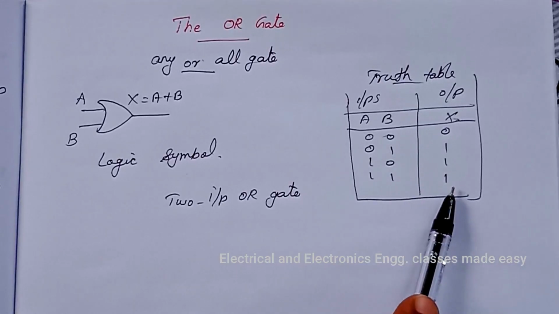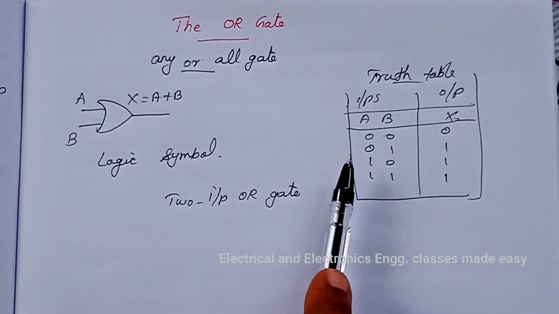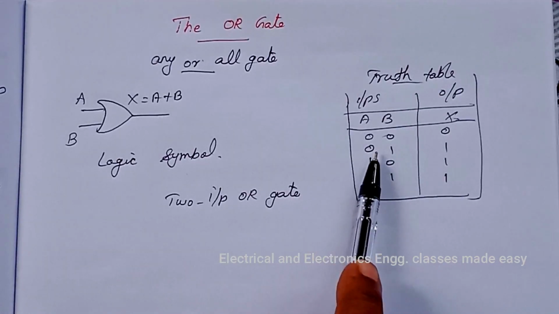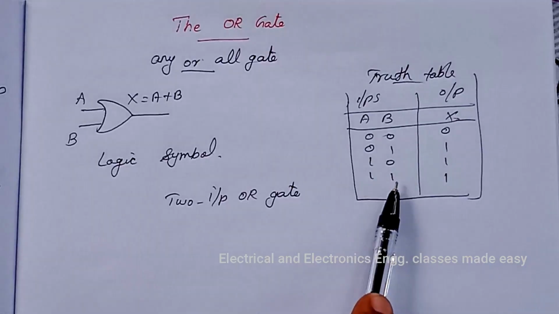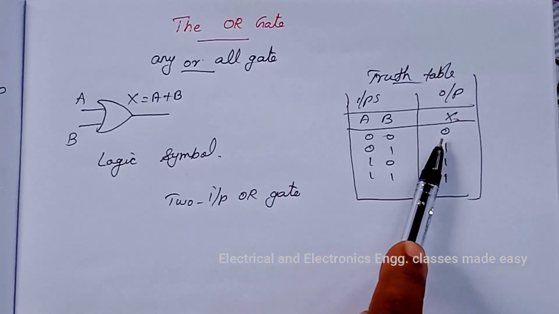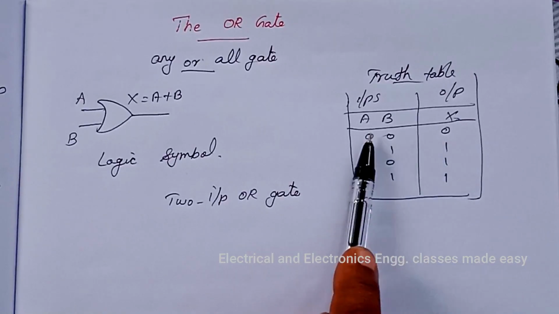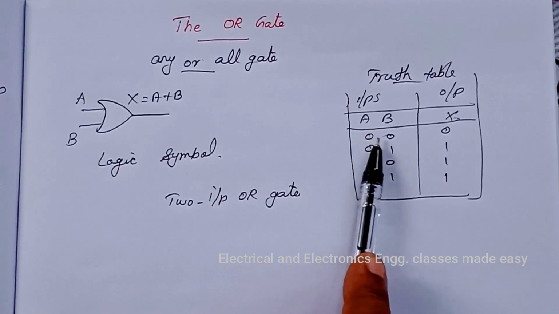The output assumes the logic 1 state even if any one of the inputs is in logic 1 state, and its output assumes the logic 0 state only when each one of its inputs is in logic 0 state.